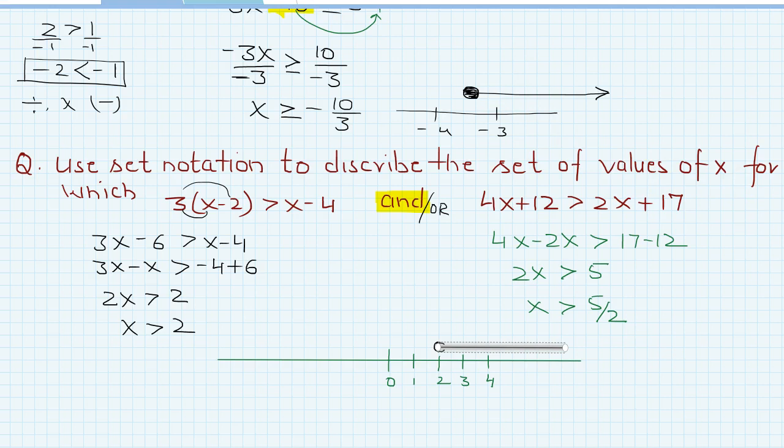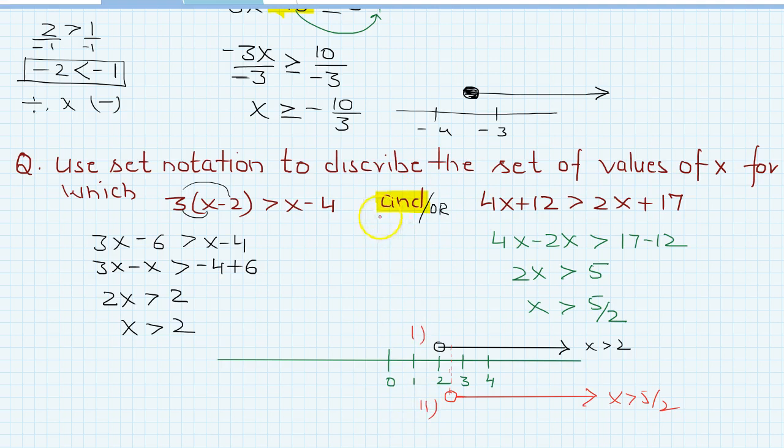Now we have another inequality, that is x is greater than 5 over 2. So let's have this inequality, this is 5 over 2. This is the first part, this is the second part.